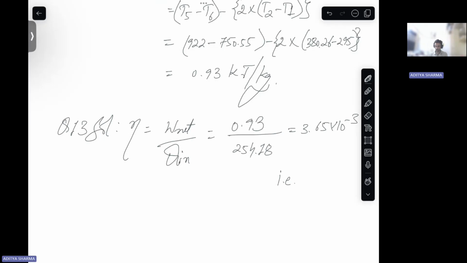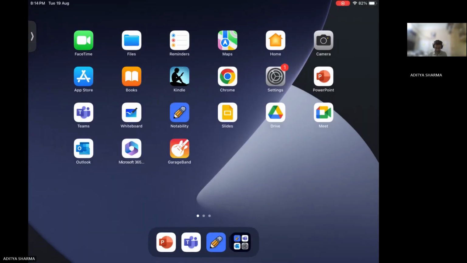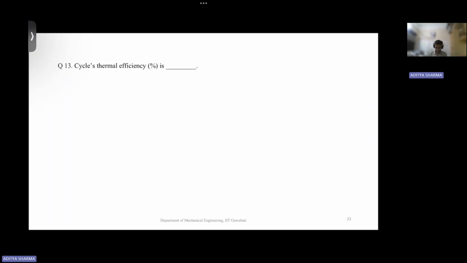In percentage, this is 0.36%, which again is very, very poor, pathetic thermal efficiency, which we will never prefer in any real case scenario, but for the sake of numericals, this is fine. All right then. So this is it, I believe, about today's session. The 13th question answer was 0.36%.